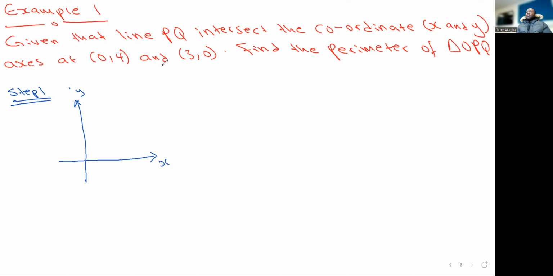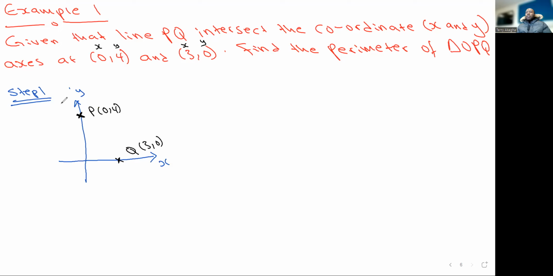The intersection is at 0 and 4. So this is X and Y. X is 0, Y is 4. So let's call this point P, 0 and 4. And X is 3, Y is 0. So let's call this Q.